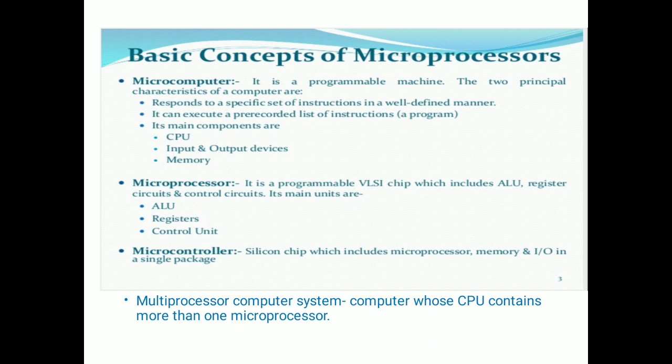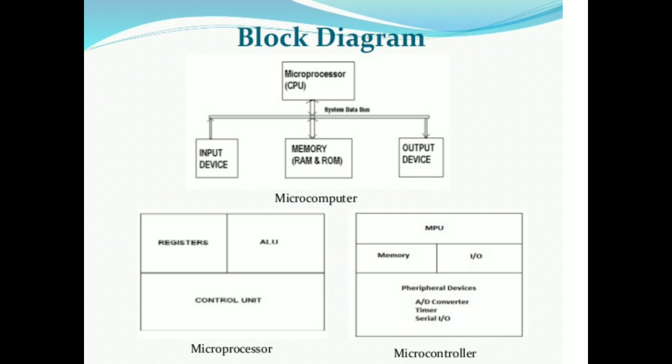Some of the machines using microcontrollers are microwave ovens, washing machines, sewing machines, automobile ignition systems, etc. Out of 100 processor chips manufactured, 99 are embedded processors and the remaining one processor alone goes into general computers. So this is the block diagram showing microcomputer, microprocessor and microcontroller.